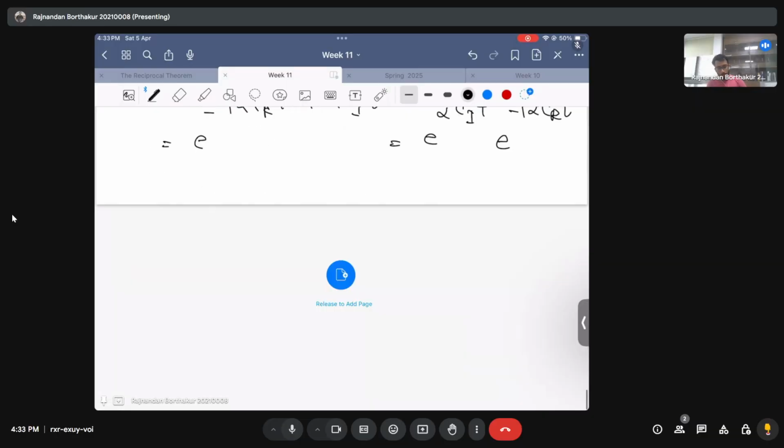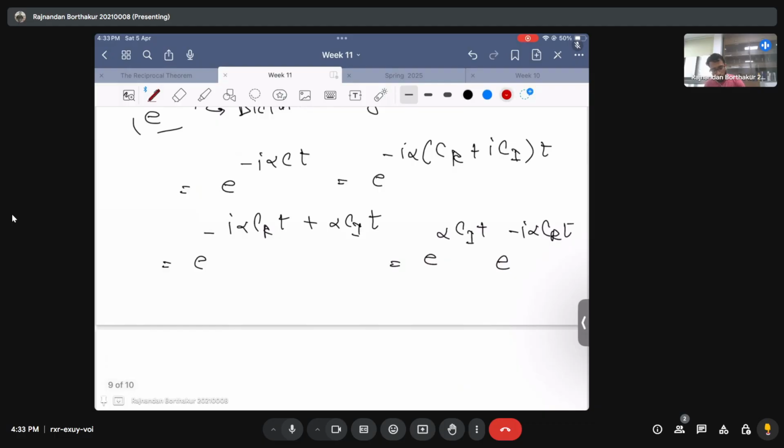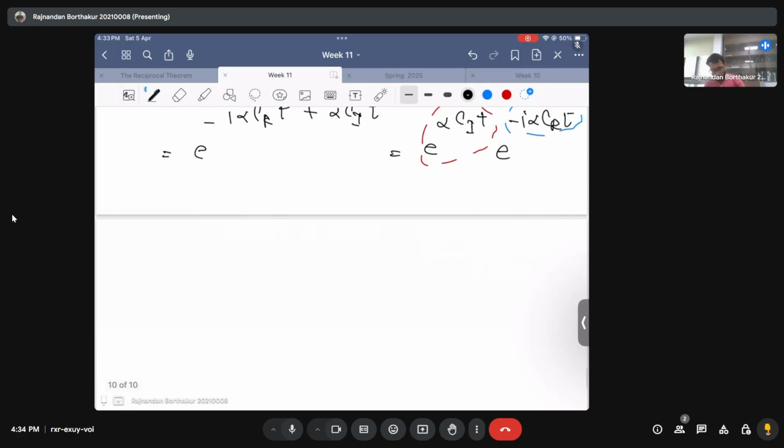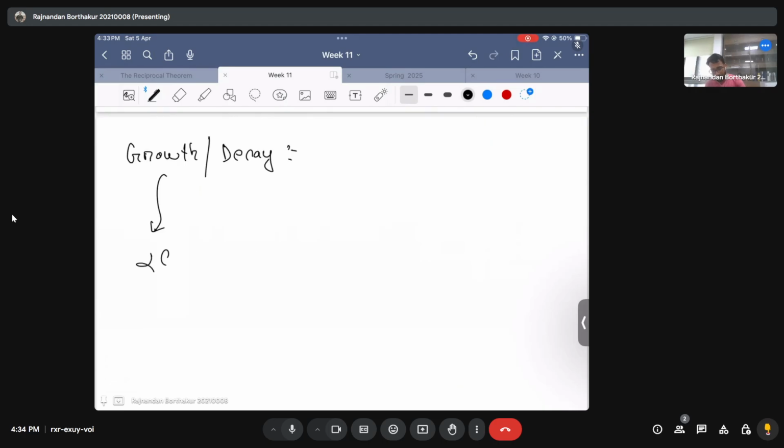So whether my perturbations will grow or decay will be dictated by this term, because the other term has an I in it, which means this will be periodic. This means that my growth or my decay will be dictated by this: if I have a growth, alpha ci has to be greater than 0, meaning that my ci has to be greater than 0.